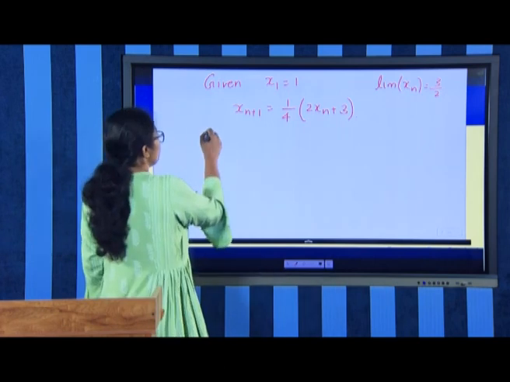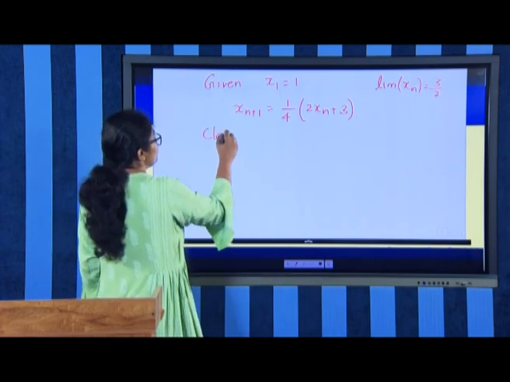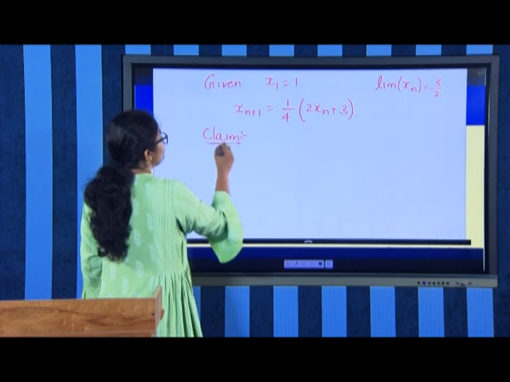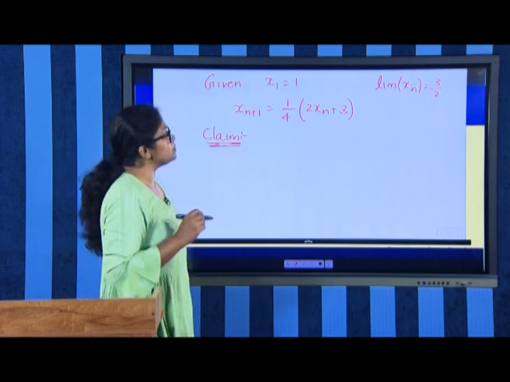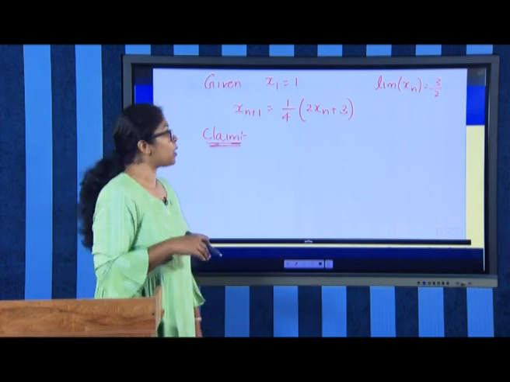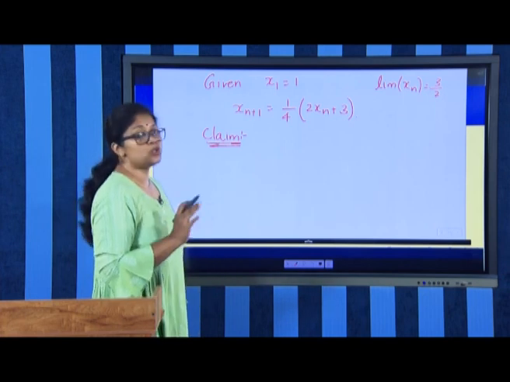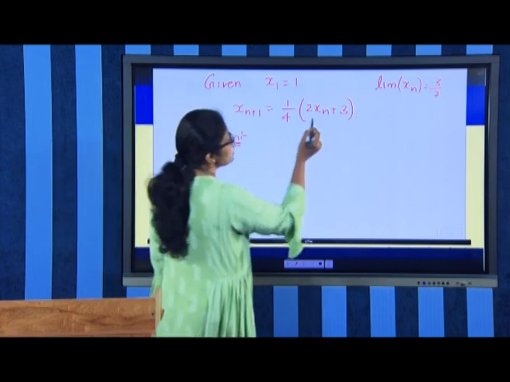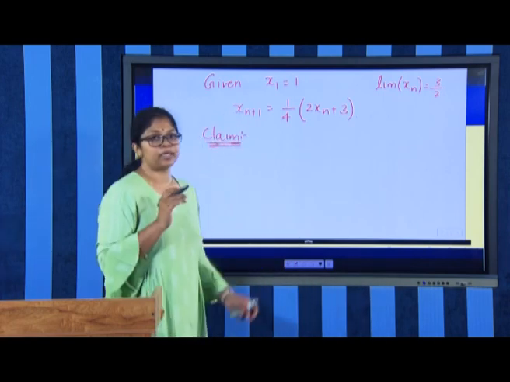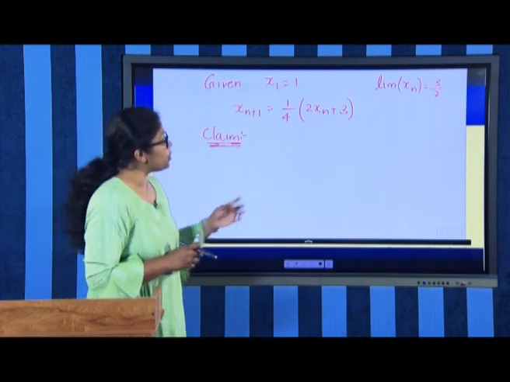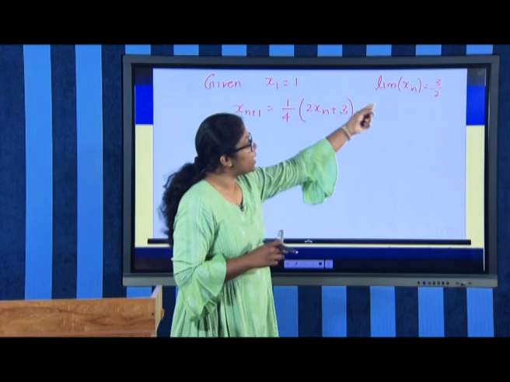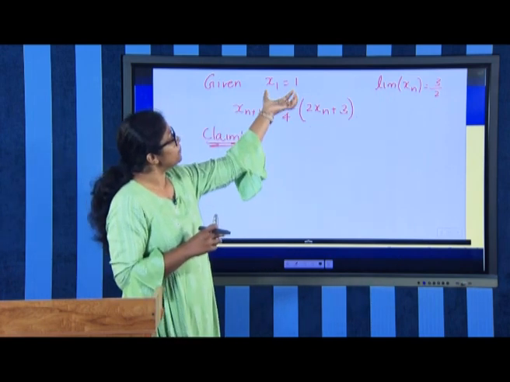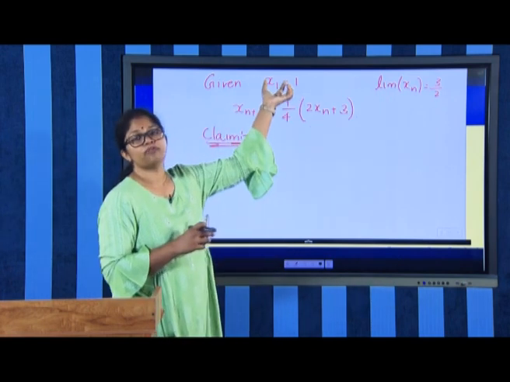So, first we will claim that all these terms in the sequence are bounded by the number 2. How did we get that number 2? You have to look at the limit given and you have to look at the first value of x.